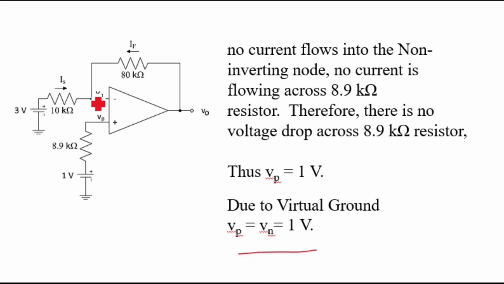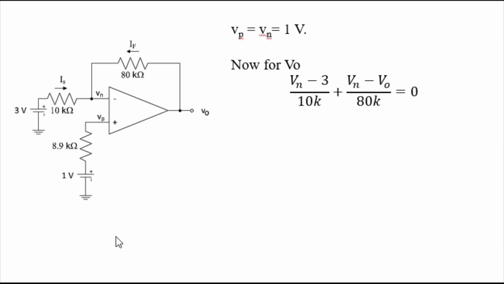So now you know the potential at Vn. If you want, you can apply the non-inverting amplifier formula. But if you sometimes get confused, or are not good at memorizing formulas, it is better in op-amps to always apply nodal analysis.